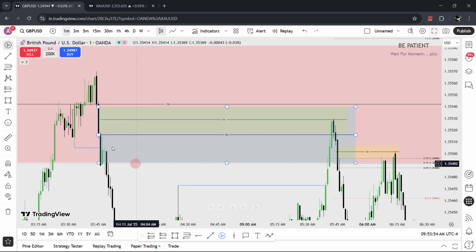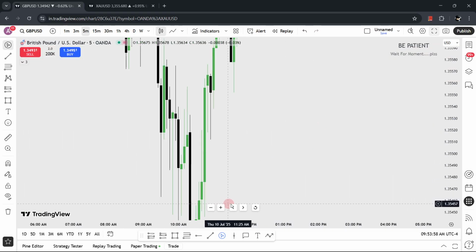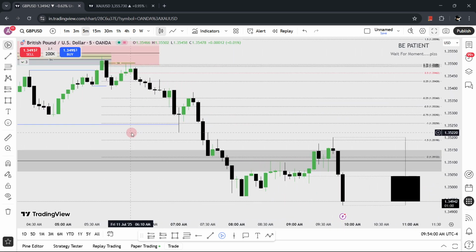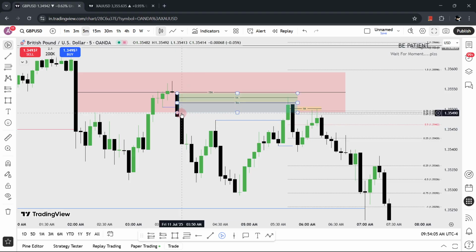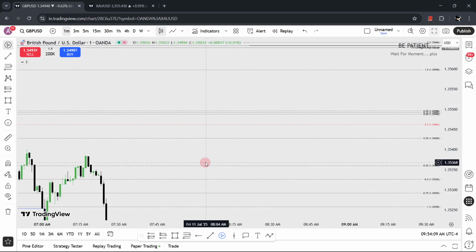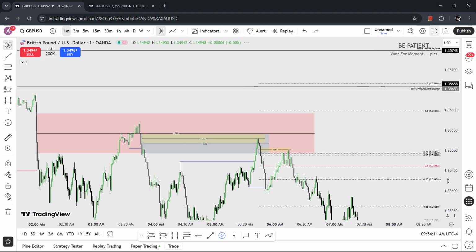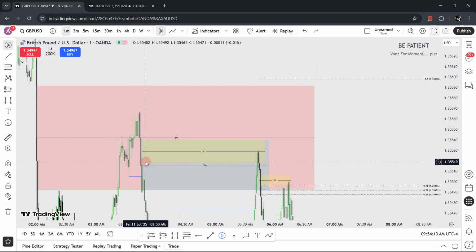So coming back to this 5 minute, because we will be coming back to this 5 minute level. That is this. Going back, I just extended that 1 minute fair value gap up here.